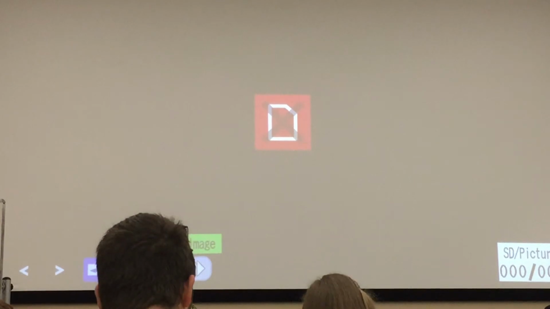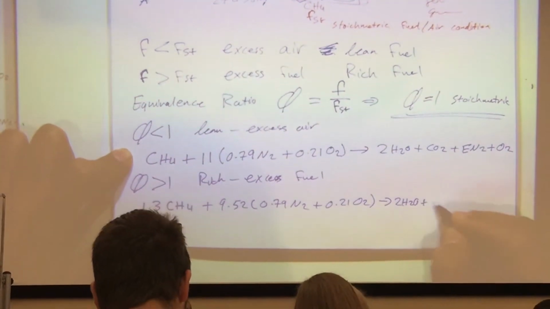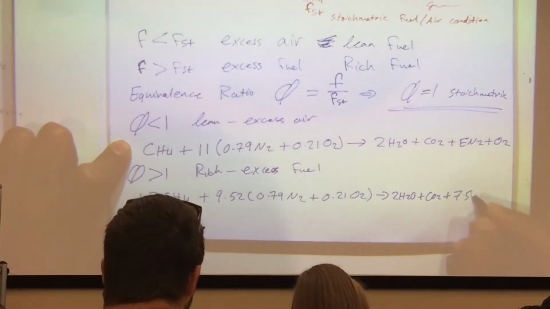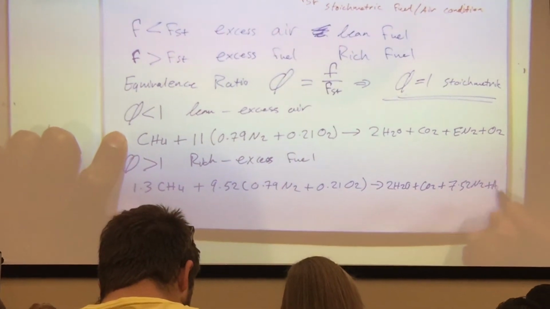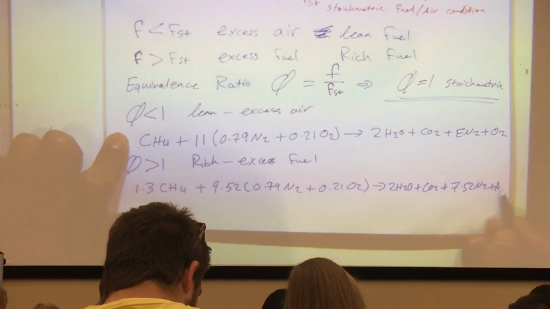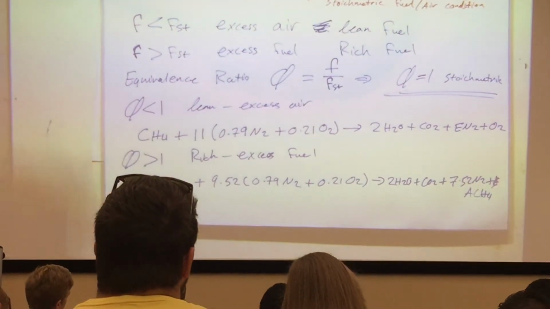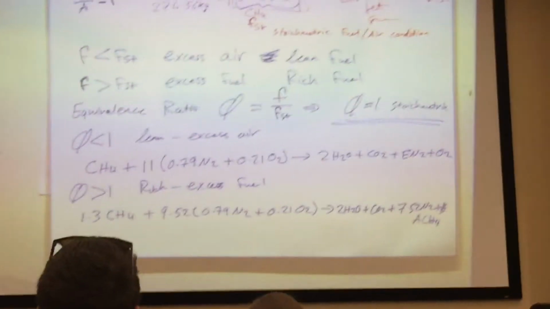I'm going to get H2O plus CO2 plus 7.52 nitrogen. And what am I going to get? I'm going to get A multiplied by CH4. From that, you could do the balance like we just did earlier, and what are you going to get for these compositions?